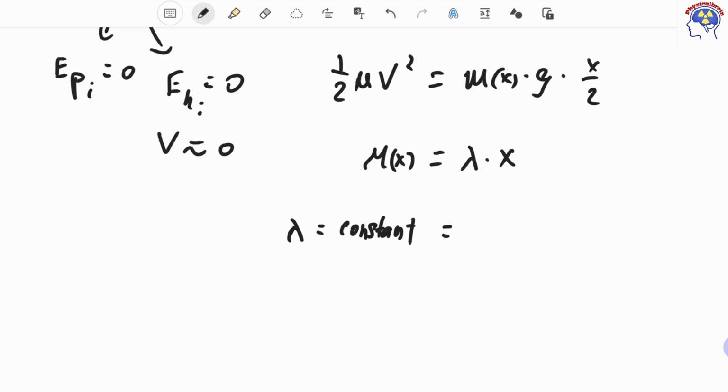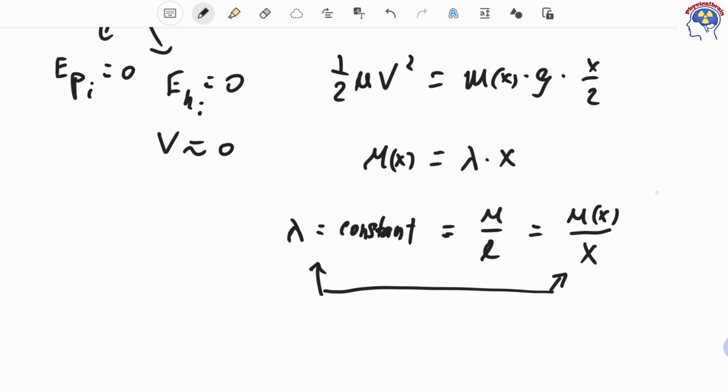Now, because it's constant, it equals the total mass divided by the total length of the chain, parameters that are given in this question. If we're talking about part of the chain, for example mx, part of the mass, it must go with the correct part of the chain. If we multiply this equation by x, we get exactly the term we had here.